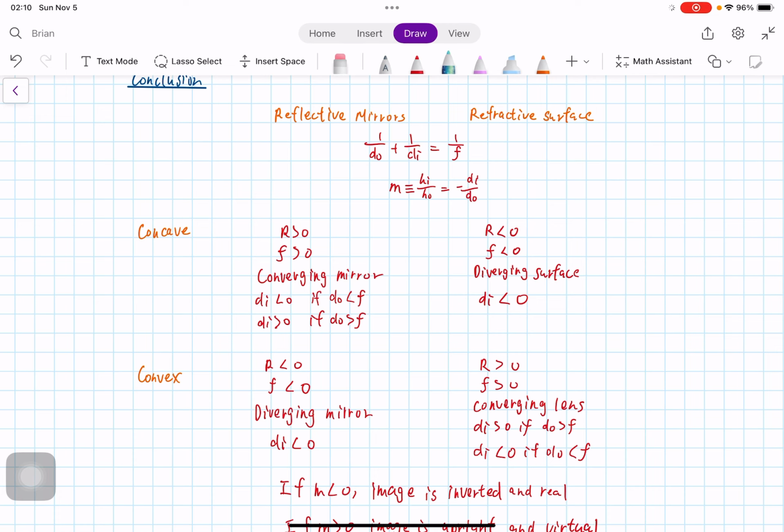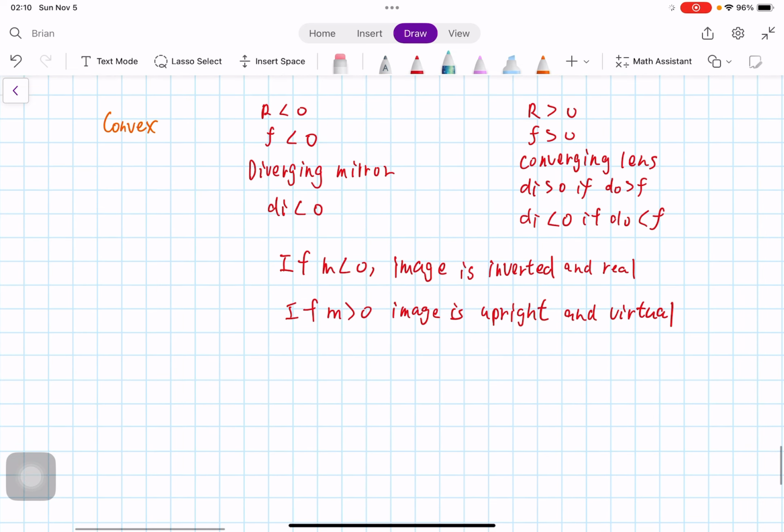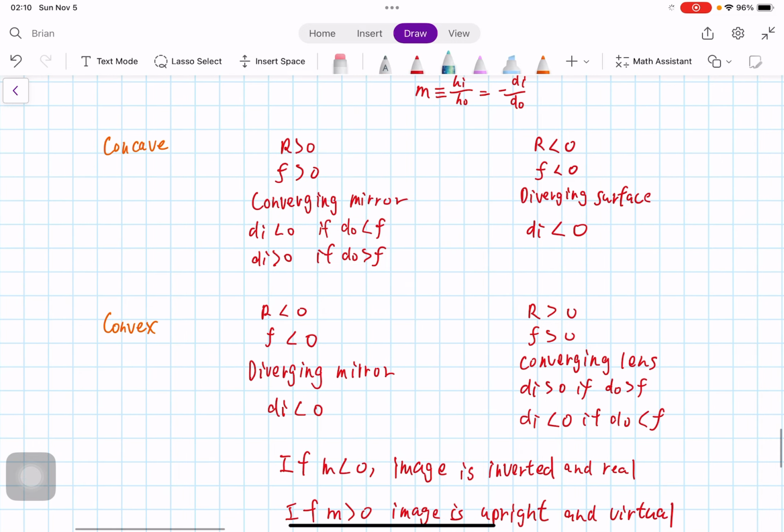That explains why concave mirror, when we're doing a reflection, it is a converging mirror. So everything should be positive unless the object is placed between the focal point and the mirror. For convex mirror, since everything forms behind the mirror, everything would be negative. And convex mirror is a diverging mirror.